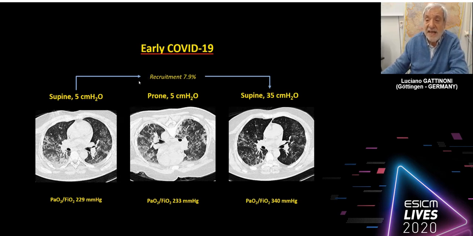How is the CT scan important? Just let me give you a very short example. This is an early COVID patient, supine at 5 centimeters of water. These are supine at 35 centimeters of water. That means at the 35 centimeter water inflation, you see the gas recruitment is 8%.